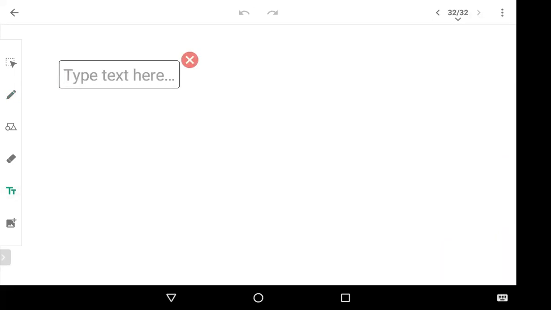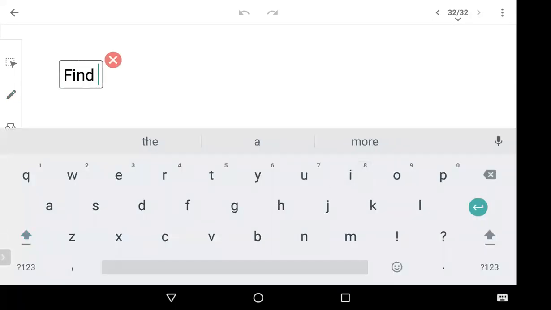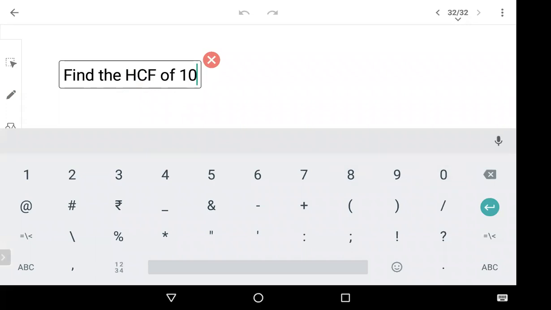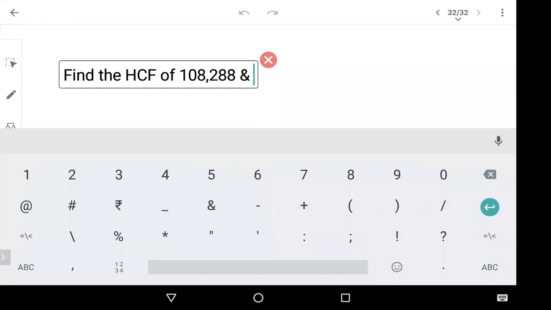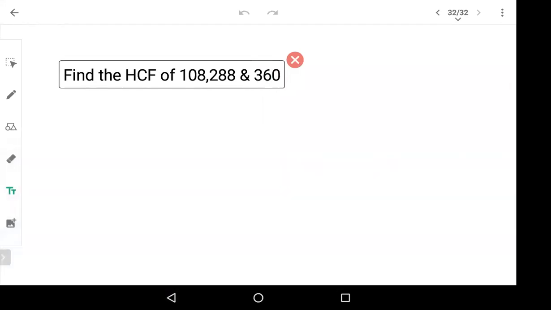Okay, now one last problem. Let us take, find the HCF of, I think this must be easy, 108 and then 288 and 360. Try this and send me the answer quickly.